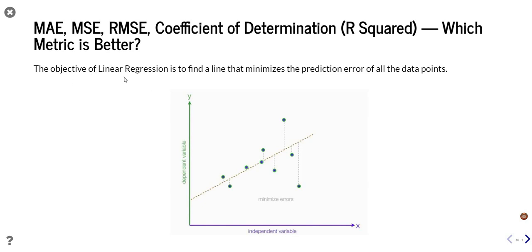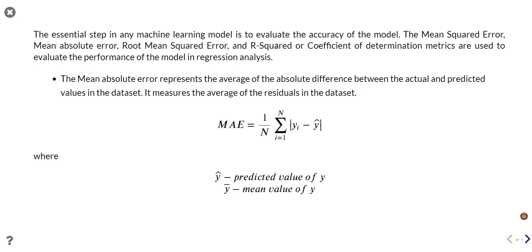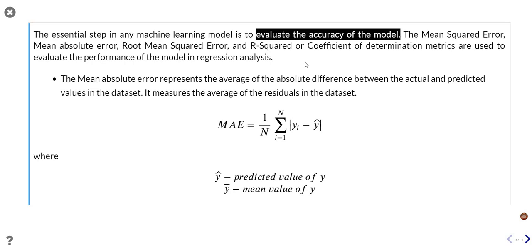Of course, we have seen earlier that the objective of linear regression is to find the line that minimizes the prediction error, right? We use these metrics to evaluate the score in terms of accuracy of the model.